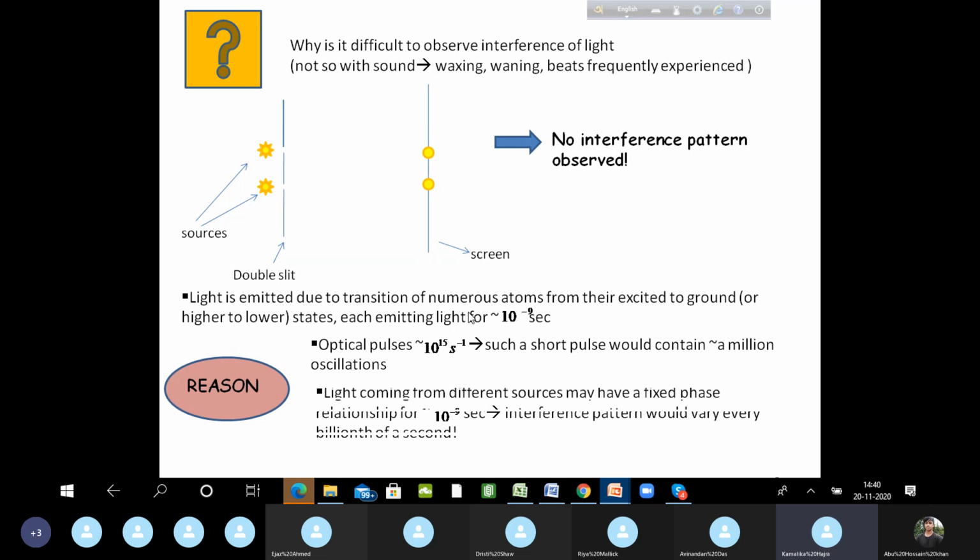Okay. So light coming from different sources will have, even if you switch two sources of light exactly at the same time, even then they will have a fixed phase relation only for about 10 to the power minus 9 second. So even if they form an interference pattern, that would stay for only about 1 billionth of a second, which of course we can't see.